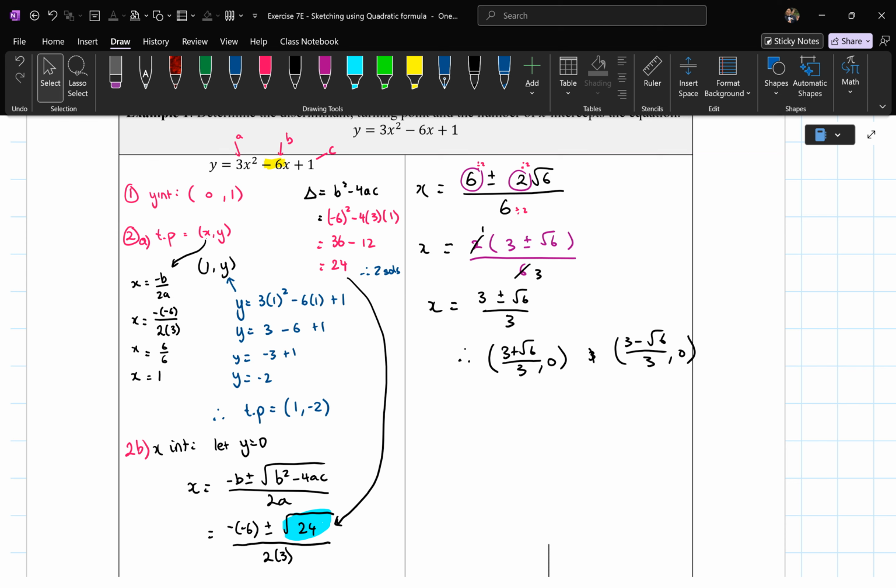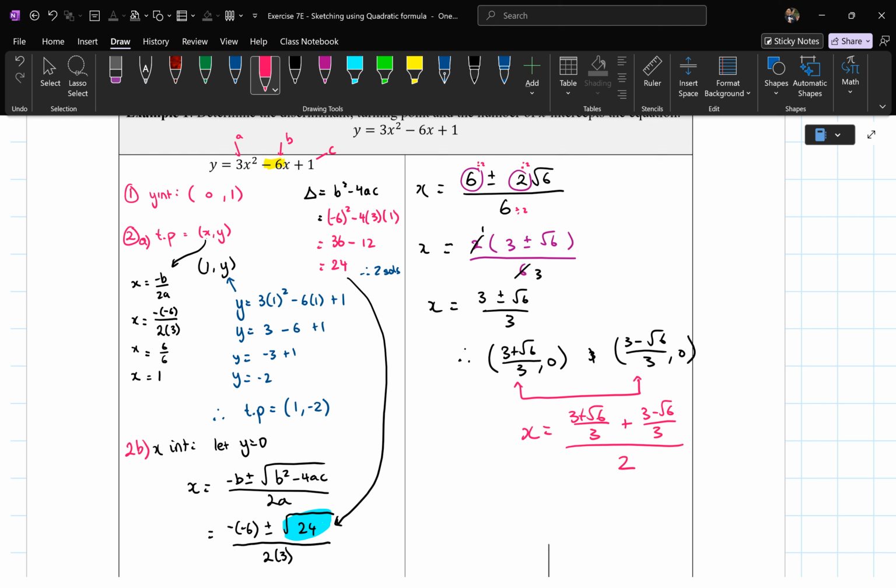Okay? So if you were to do method 2b, you would find the average of these two. x will equal to 3 plus root 6 over 3 plus 3 minus root 6 over 3 divided by 2. And that's a pain. The answer should come out to be 1, but we don't want to do this. Okay? I mean, you can.